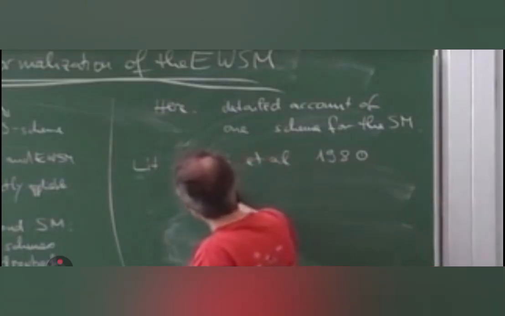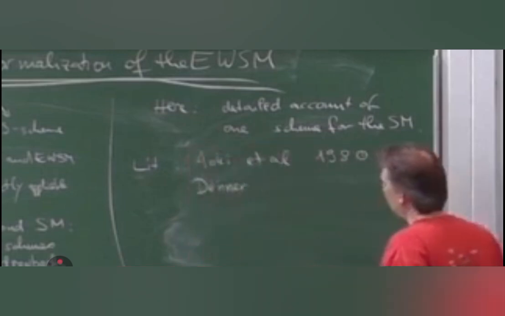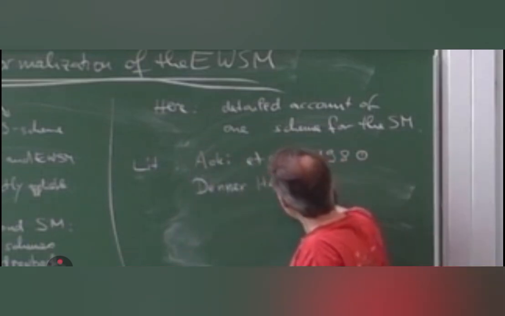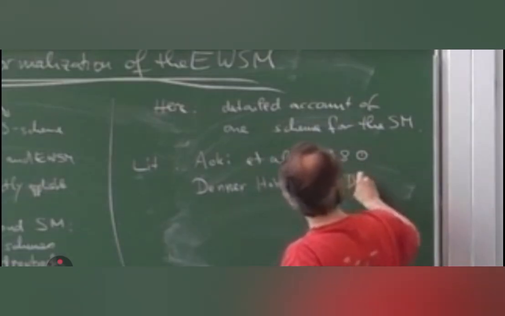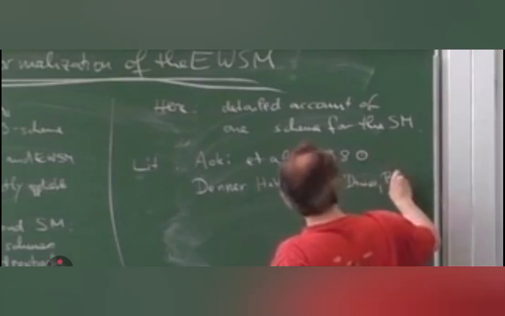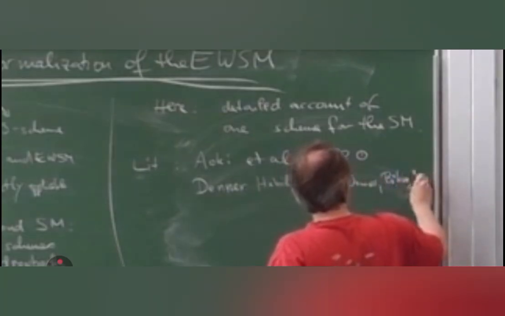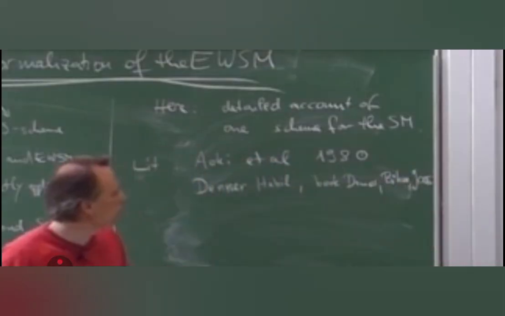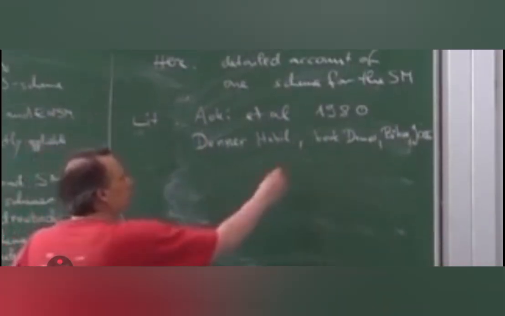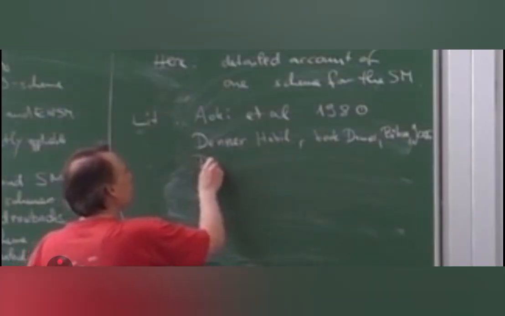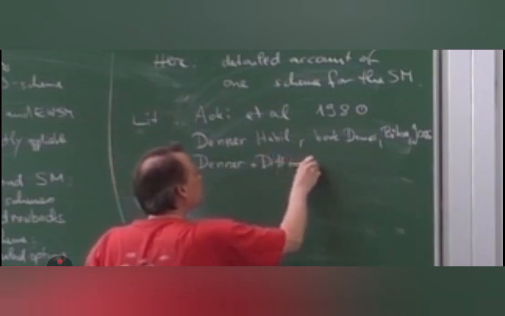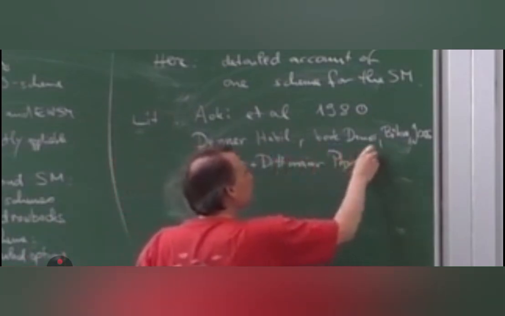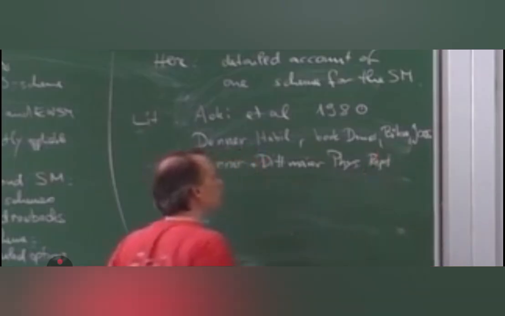Similarly, there are a variety of works by Ansgar Denner, for example his habilitation, but also the book by Böhm, Denner, Joos, which contains an extended version of what he wrote in his habilitation, and also a more recent review by Denner and Dittmaier, which is a Physics Reports paper from around 2021.